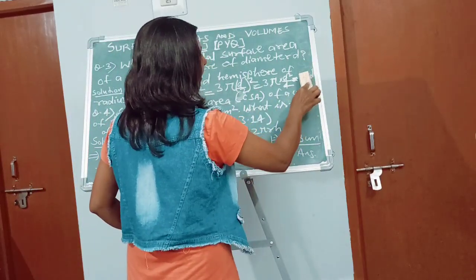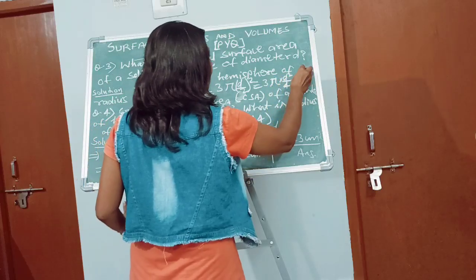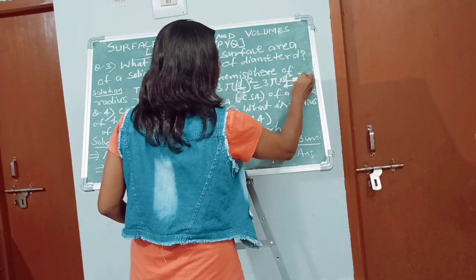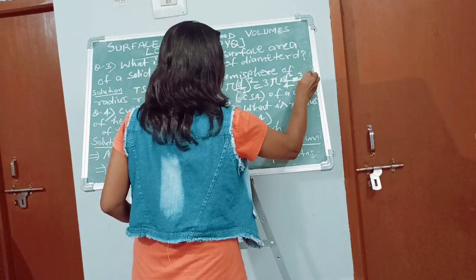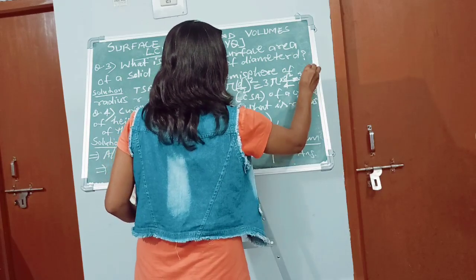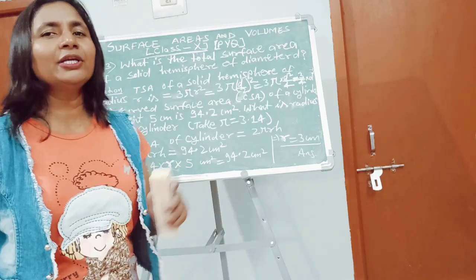Actually I have to write small because lesser space is there. So this can be written as 3 by 4 pi d square.